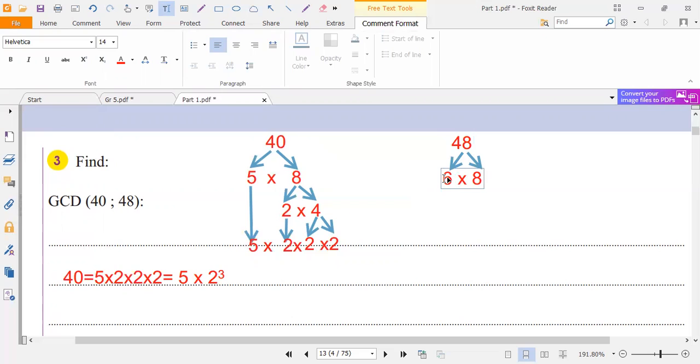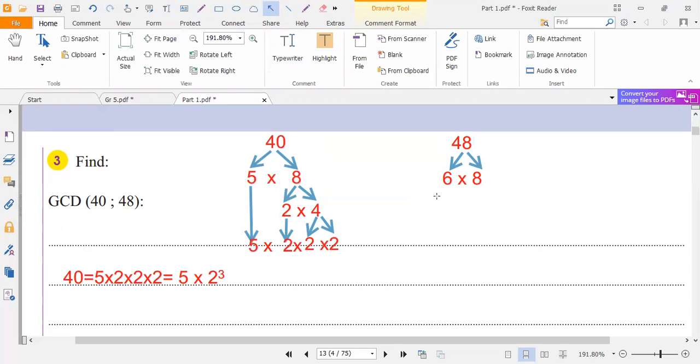We think in the times table, it is what? 6 times 8. Now we have to decompose 6. It is 2 times 3. And we can also decompose the 8. It is 2 times 4.